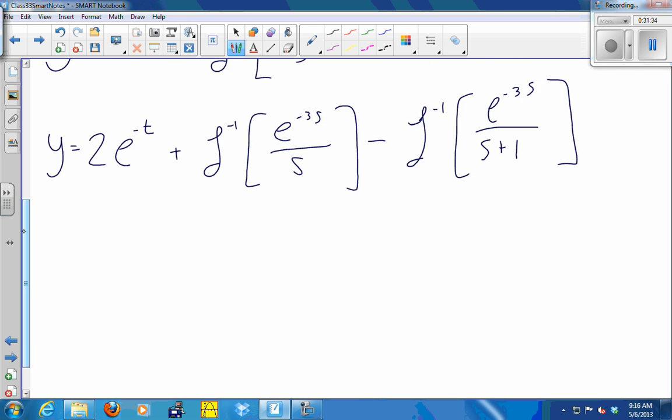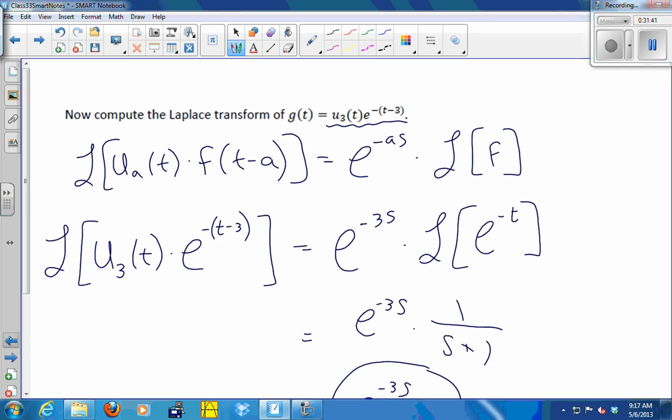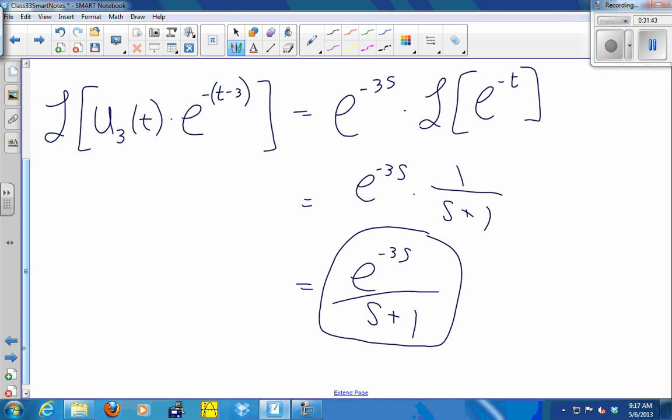Yeah. So this we already calculated. We know this from a couple slides ago. We found a function whose Laplace transform is e to the negative 3s over s plus 1. It is u sub 3 times e to the negative t minus 3.